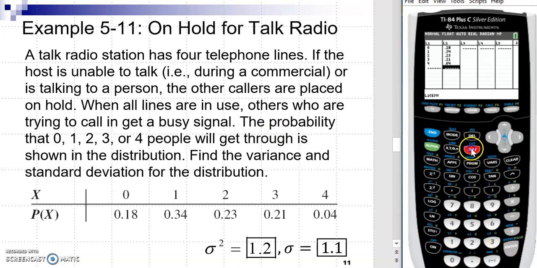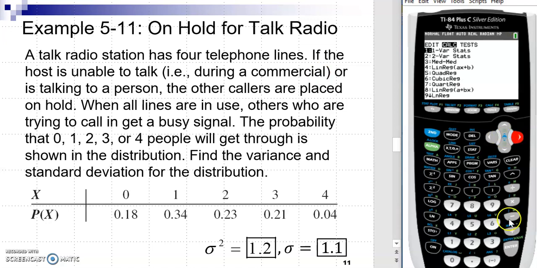And then we're going to go back and calculate one variable stat on those 2 lists. List 1, comma, list 2. If you don't see the screen, make sure you type list 1, comma, list 2. And then enter. And this time we're looking for the variance and the standard deviation.